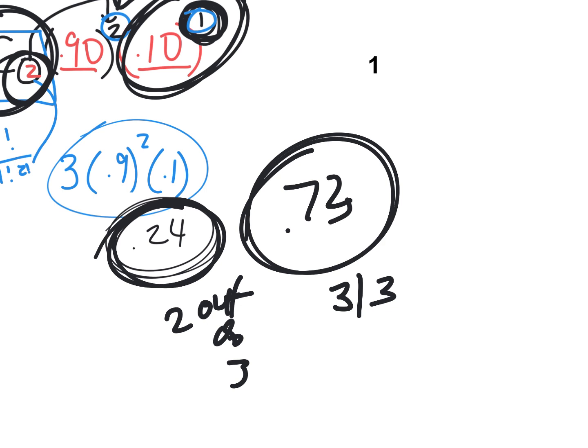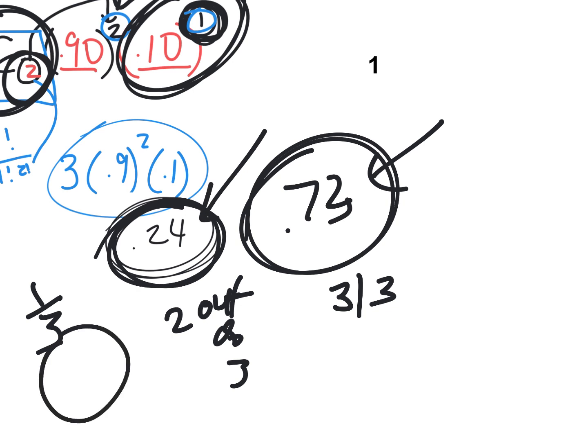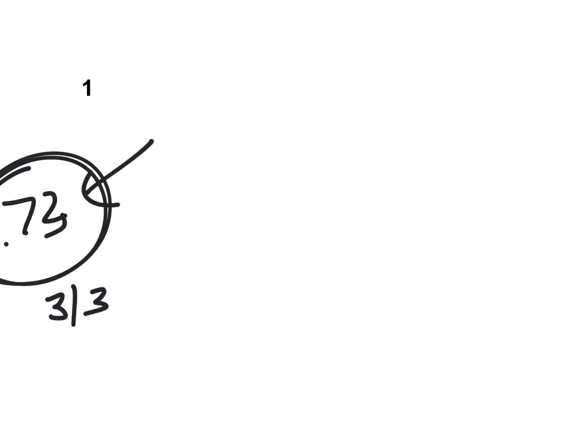Because there's also the possibility of 1 out of 3. Also a chance of 1 out of 3. And also a chance you won't win any of the 3 races. So this one is the most likely. This one's second most likely. And then there's a very slim chance you win 1 out of 3. And almost 0, but not 0% chance of winning none of the races. Okay, I think you get it.